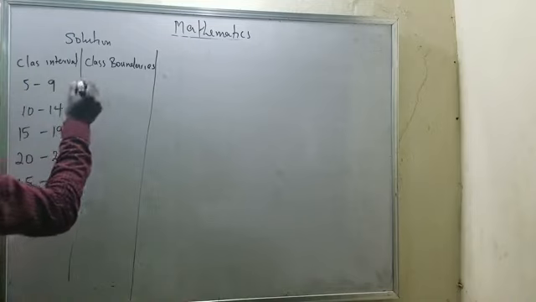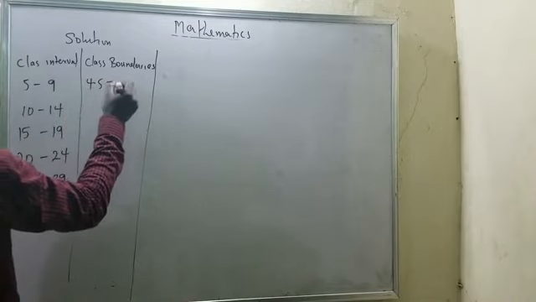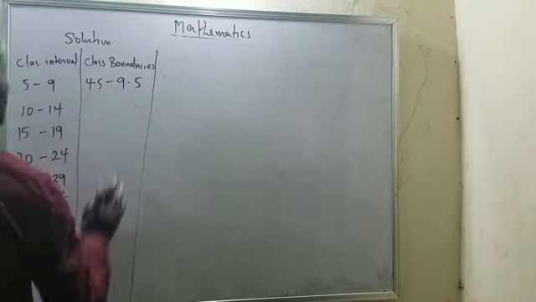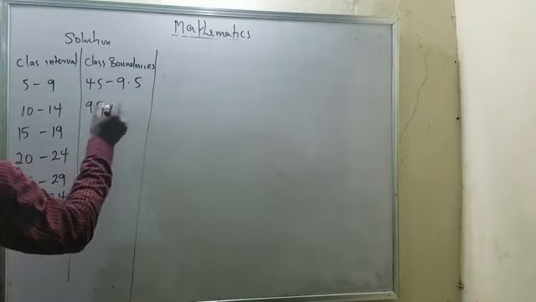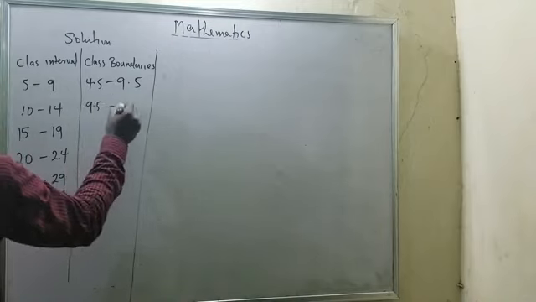This one will be 4.5 to 9.5. That is my class boundary for the first one. Then 9.5 to 14.5, then 14.5 to 19.5.